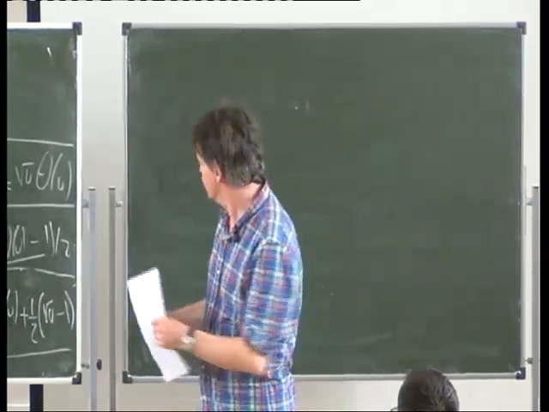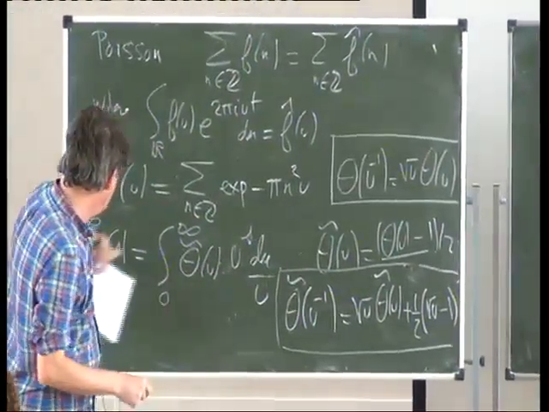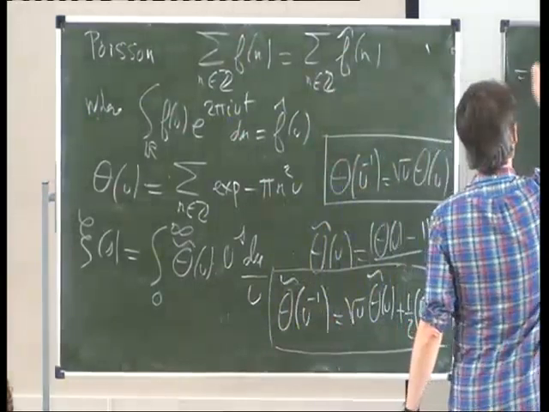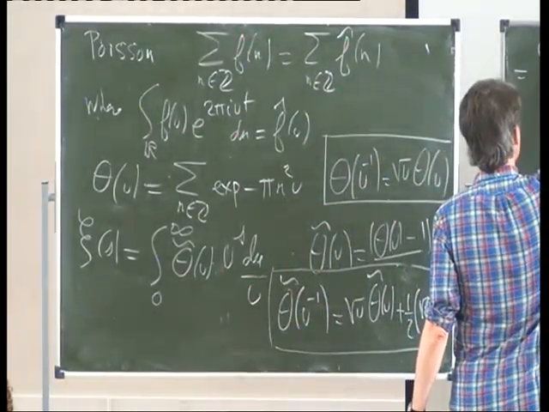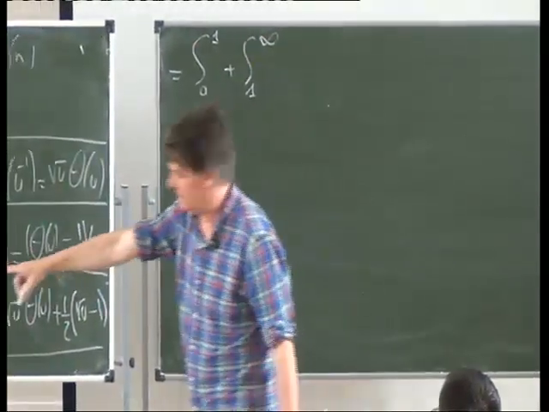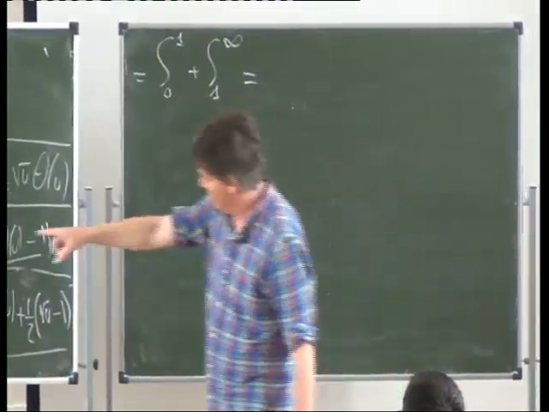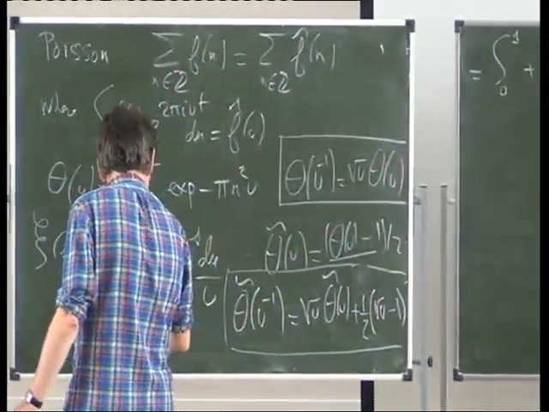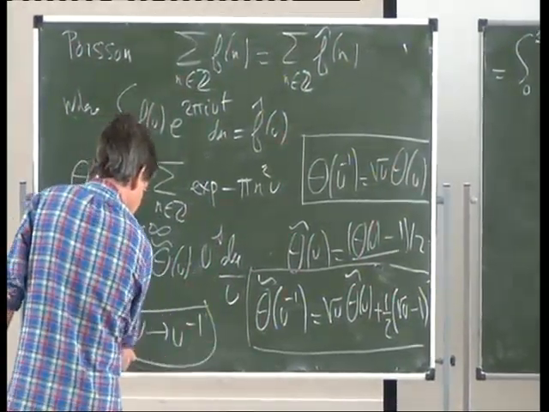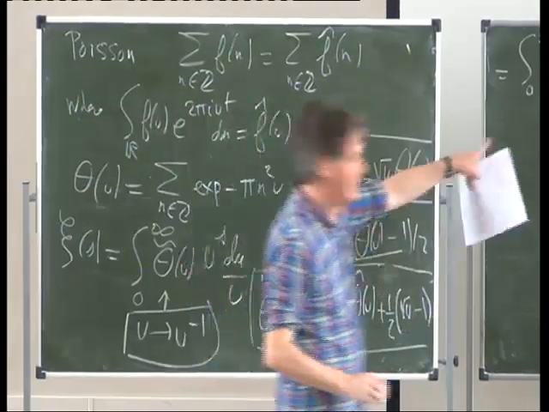So now the basic idea is that the functional equation will come from that equation. I take this again, and I split the integral into the integral from 0 to 1 plus the integral from 1 to infinity. What do I do? In this integral, I change u to 1 over u, but only in the first integral.